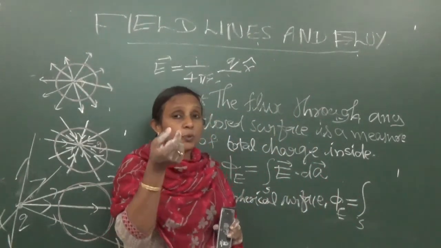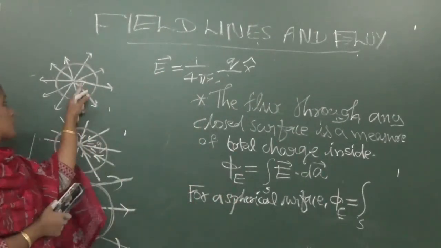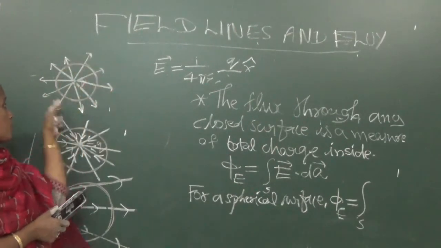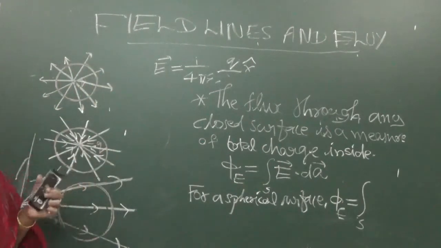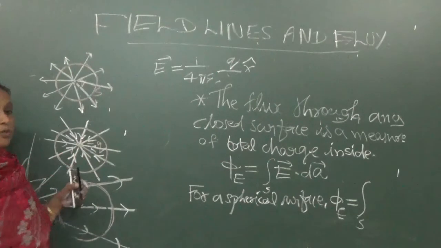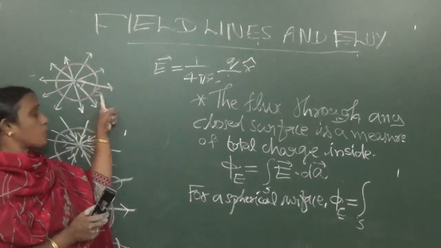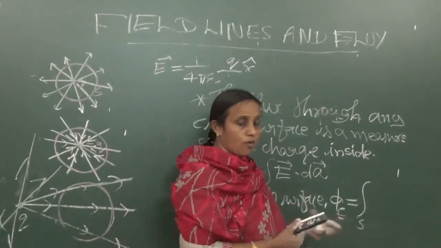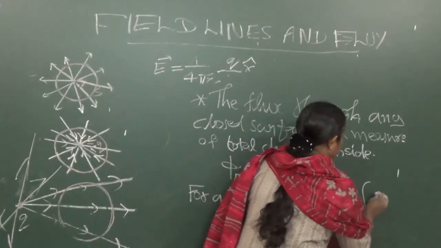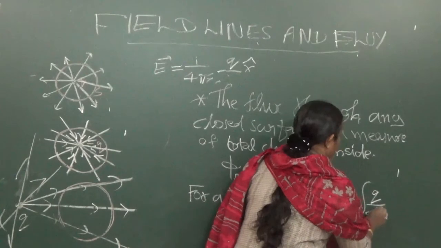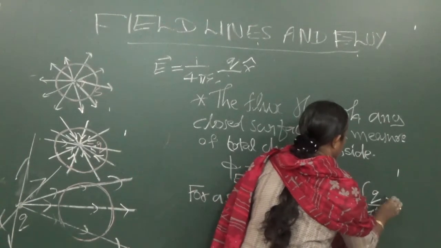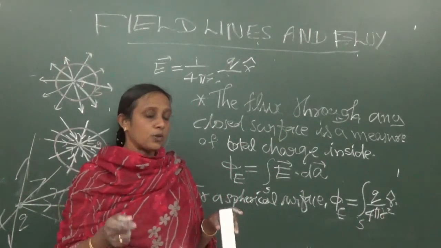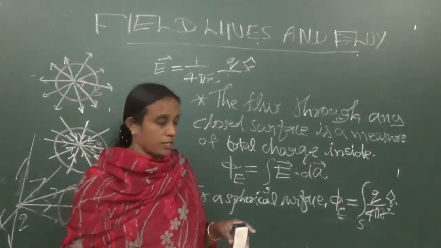The electric field is due to the point charge. In this context, you can see that there is a point charge Q. Then the flux through this surface S. This is surface S. So the flux through this surface S is given by the surface integral of E dot dA. E is given by Q by 4 pi R square R cap. Now dA is also along the direction of R cap.